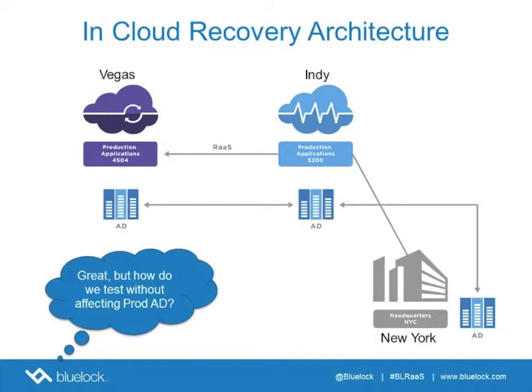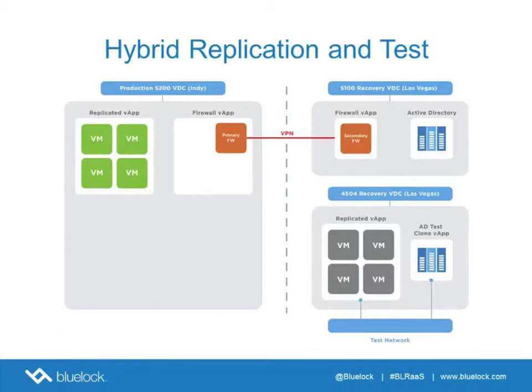That could cause problems. So again, our teams worked together and came up with a solution. You'll see on the left side, that's their 5200 production data center in Indy. And on the right side, they have a production data center that is just big enough to house the secondary firewall that's always active and in their control, and that Active Directory server or replica out in Vegas.